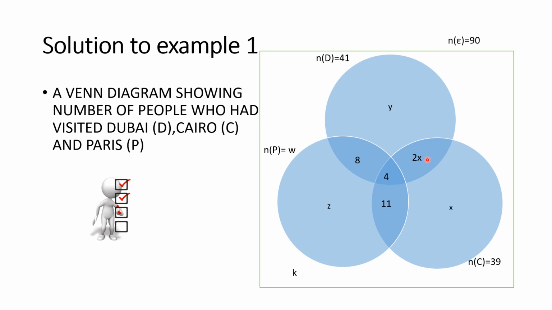So after inserting your information, it's better you find the value of those unknowns. But it's not a must, as most learners think, that you equate to the universal set to find the value of unknowns in a Venn diagram.